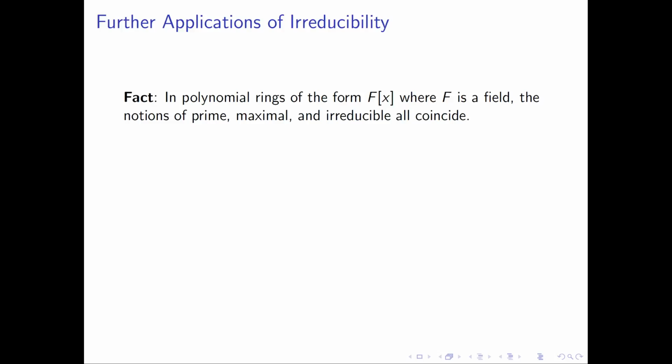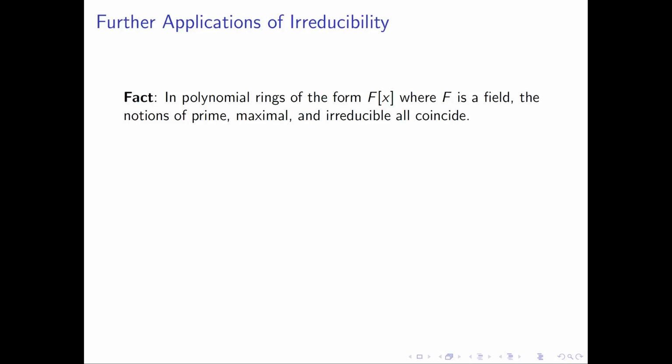So here is the fact that I just want you to take as fact, that we don't quite have enough yet to prove. The fact is that in polynomial rings of the form F adjoined x, when we start with the object F being a field, then all these notions that we've learned the definition of, a prime element, an irreducible element, a maximal element, we've learned those definitions in general for an arbitrary ring.